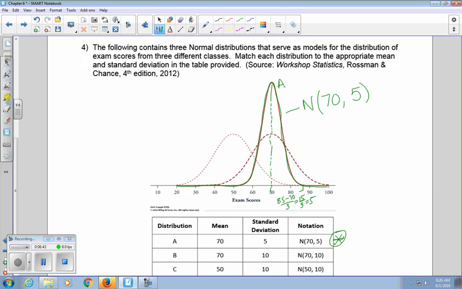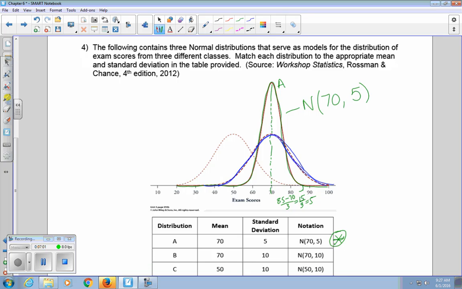All right, next, let's look at this other one, which is also centered at 70. We can see it has a much larger standard deviation, and we can tell because this normal curve is shorter and spread out much further.